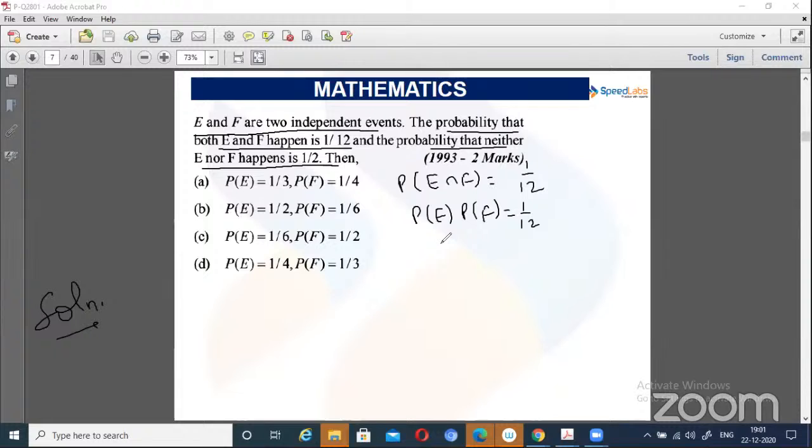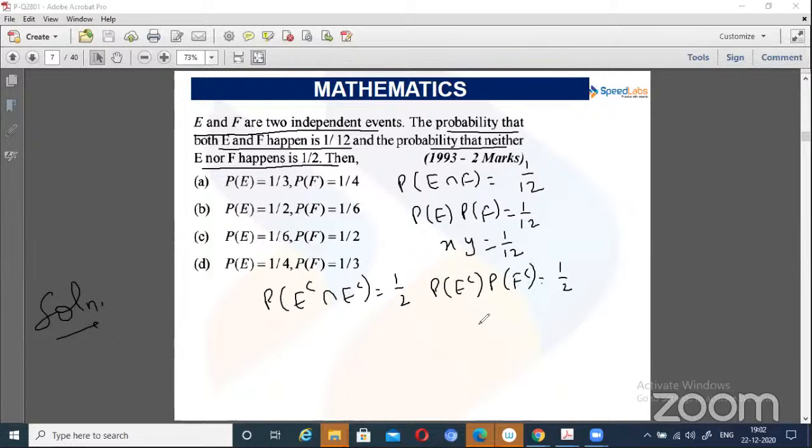Let's say X into Y is 1 by 12, and neither happens is half. So neither E happens nor F happens is half. That is equal to P of E complement into P of F complement is half, which is equal to 1 minus X into 1 minus Y is 1 by 2.